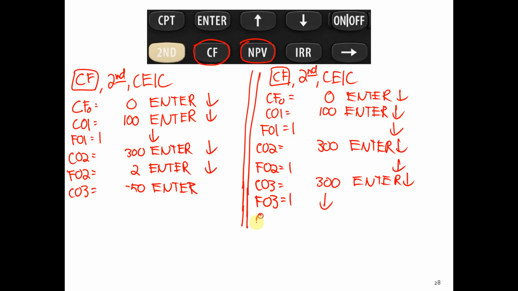So now we enter C04 as the time 4 cash flow on our timeline, and that's negative 50. So the first way, we're telling our financial calculator the same thing, but we're saving ourselves a little bit of typing by telling it that the $300 cash flow occurs 2 years or 2 time periods consecutively. In your calculator's memory, the version on the left and the version on the right is the same. It's picturing the same timeline.